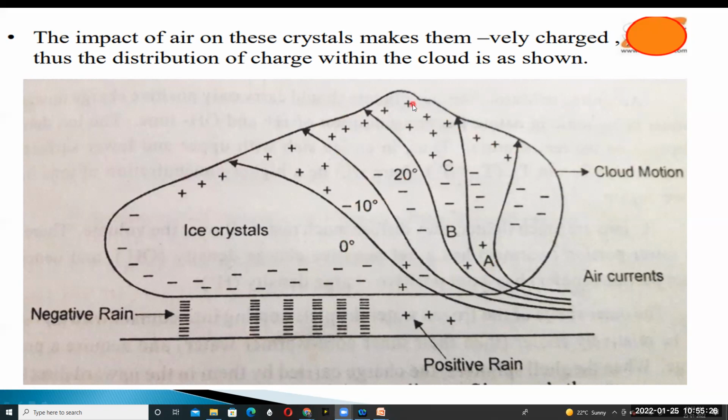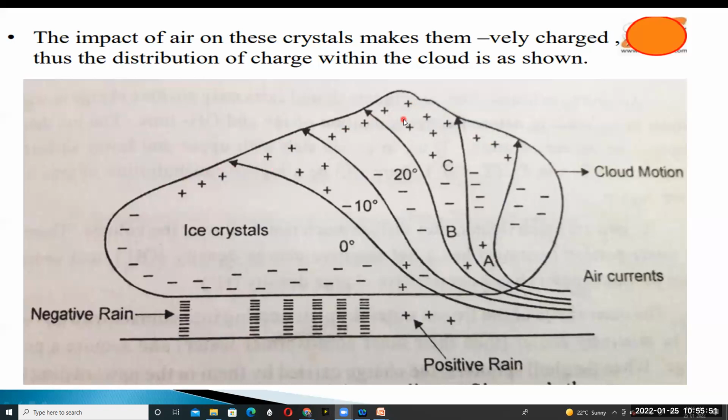In the upper part of the cloud, the temperature is very, very less, below minus 40 degrees Celsius, going down to minus 50 degrees Celsius. That's why ice crystals are present in the upper part of the cloud.